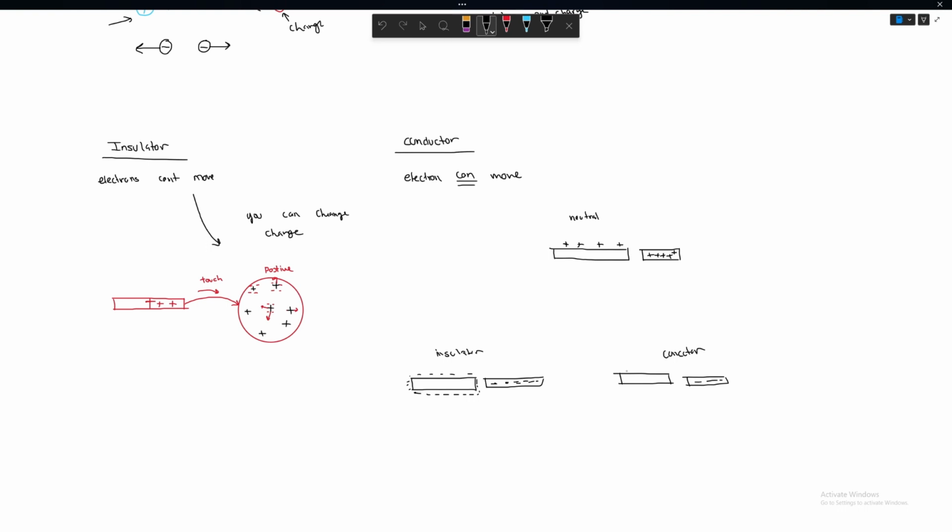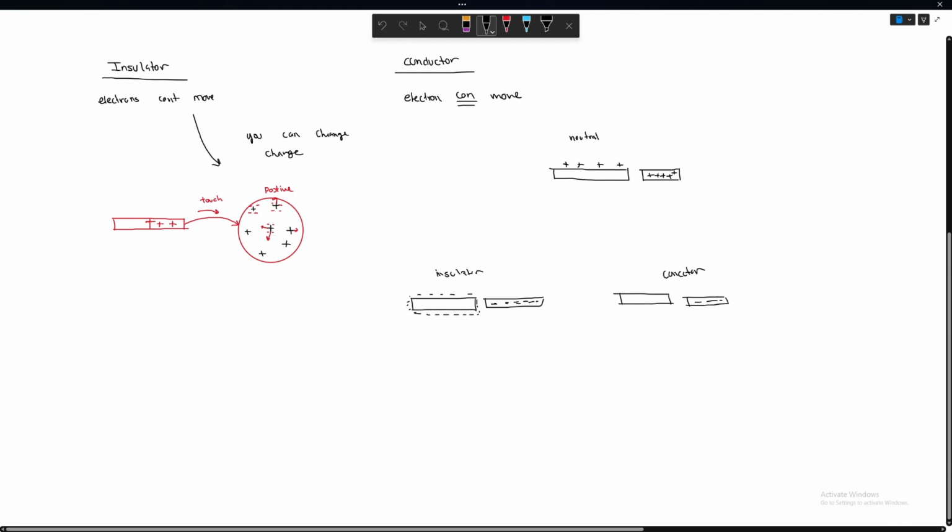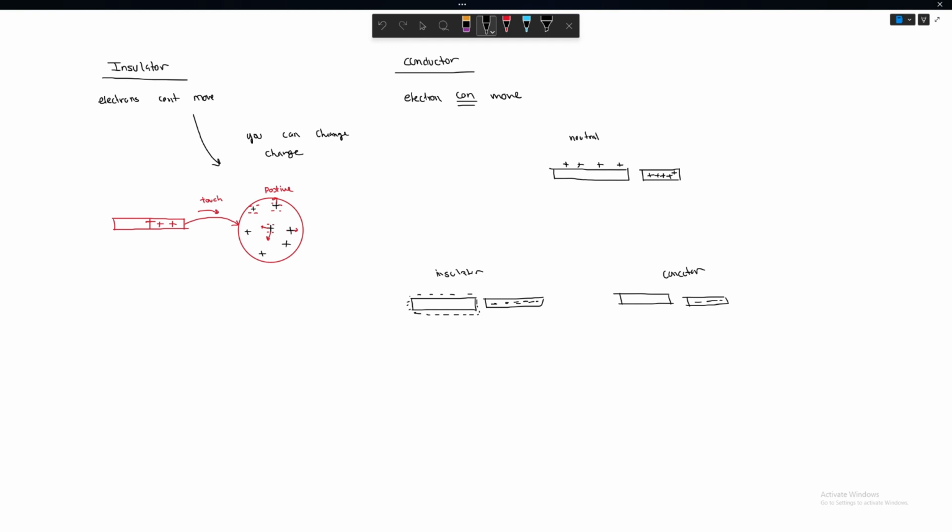That's really the difference between conductors and insulators. When you charge an insulator, the charge stays where it lands since it can't move. But when you charge a conductor, everything just shifts around.